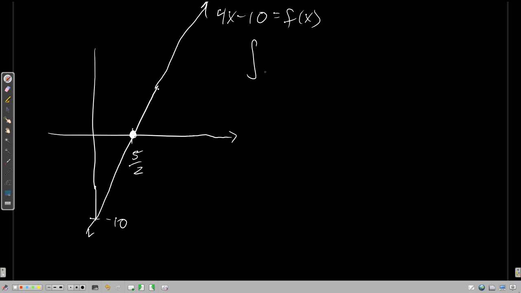So you can't just integrate from -1 to 4, because 4 is not way over there. Because 4 is 8 halves. So 4 is like right there.